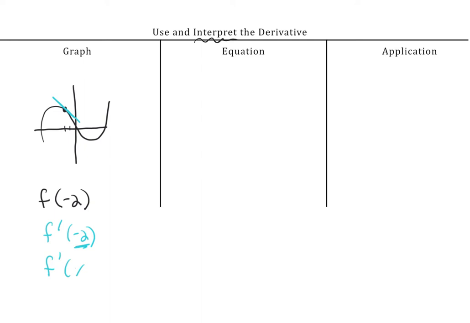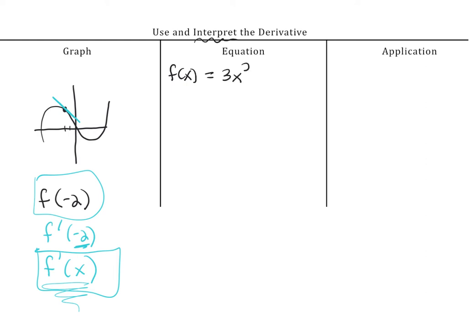Now, that was at a single point. If I just have the derivative of the function, I can use this function to find the slope for any point on the original function. So if you're given an equation, let's say f of x equals 3x squared plus 1, and the derivative of f of x is 6x. If you're asked to find f of 3, let's say f of 3 equals 28.